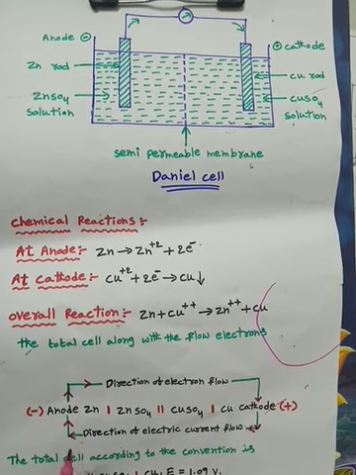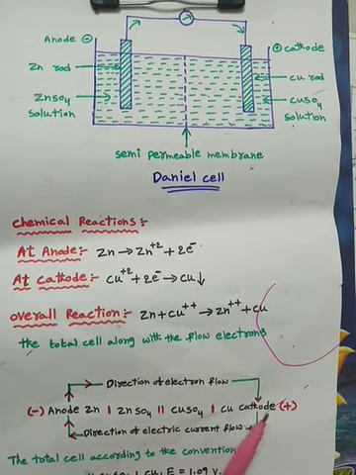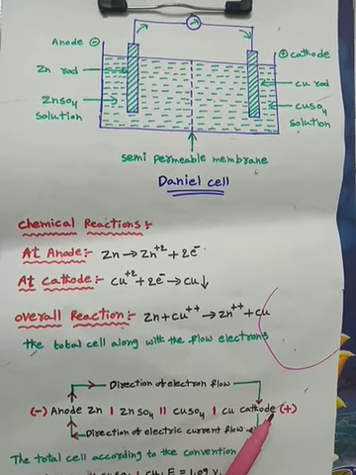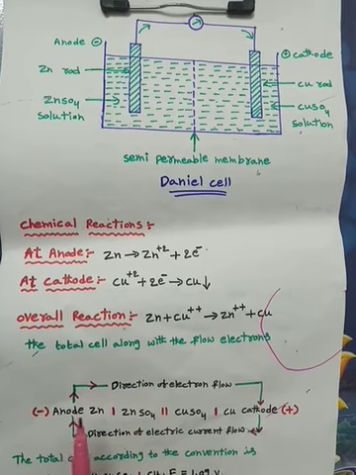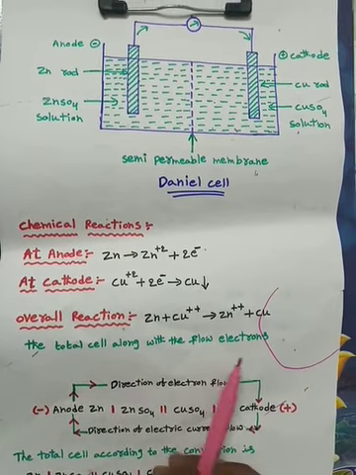Okay, this is the total cell along with the flow of electrons, and finally when we observe the entire process, all the electrons are flowing from anode to the cathode.